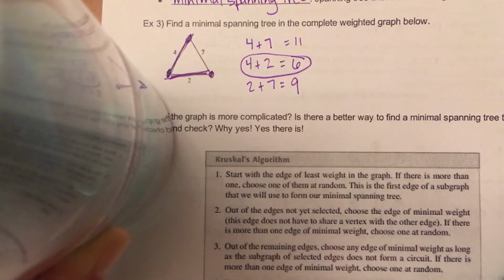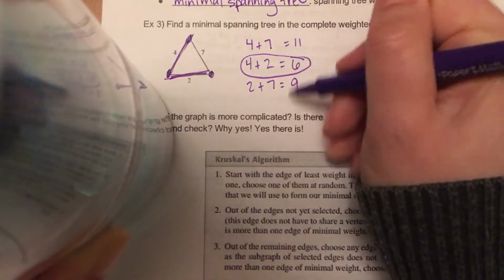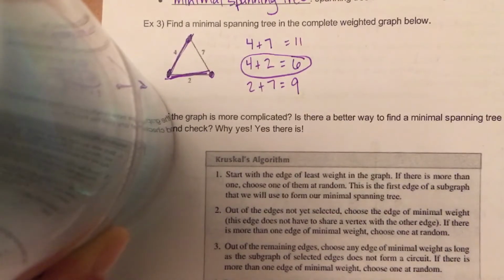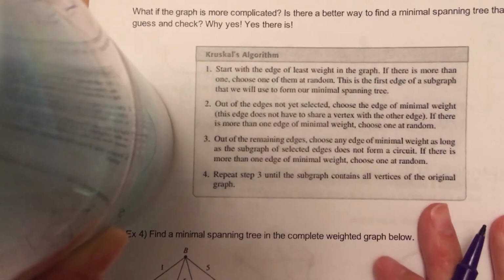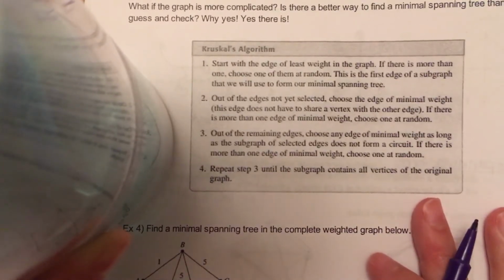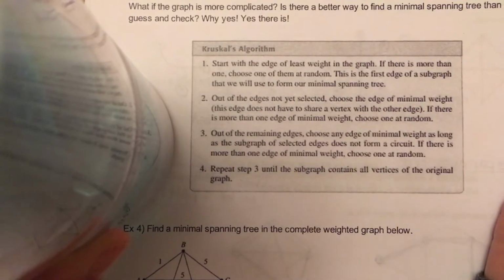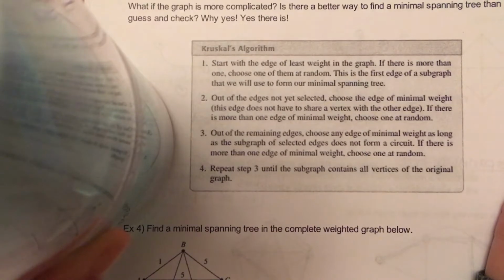Now, as our graphs get more complicated, this sort of guess and check option becomes more tedious. So instead of guessing and checking for every possible spanning tree I could have for my graph, what we're going to use instead is something called Kruskal's algorithm. So here's the big idea. For Kruskal's algorithm, it's going to work very similar to what we looked at for our minimal spanning trees.